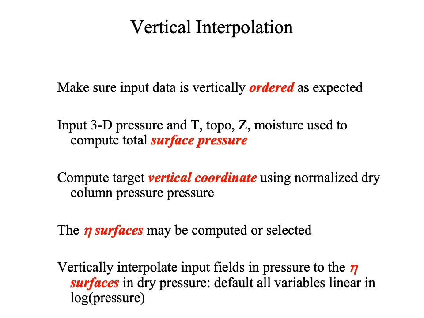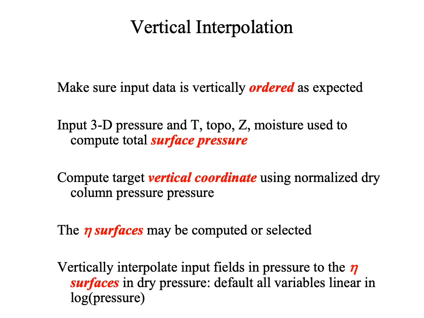Because the eta surfaces inside of the WRF model are a function of normalized pressure, all of the vertical interpolations inside of the real program are done in pressure space.